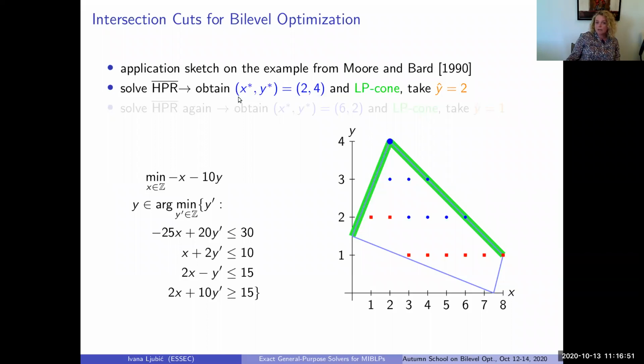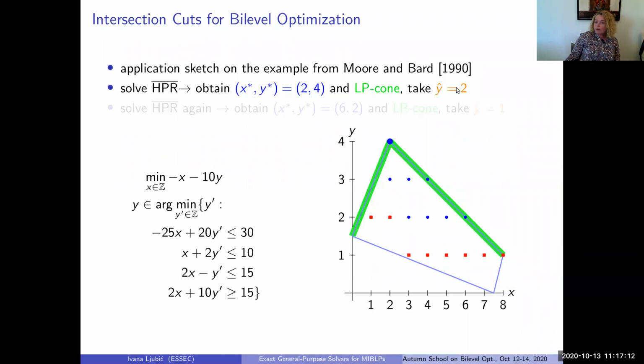Why? Because when I plug in and calculate the optimal response of the follower, phi of x, for x equal to 2, I get that the optimal response is 2. So this is the bilevel feasible point when the coordinate of x is fixed.